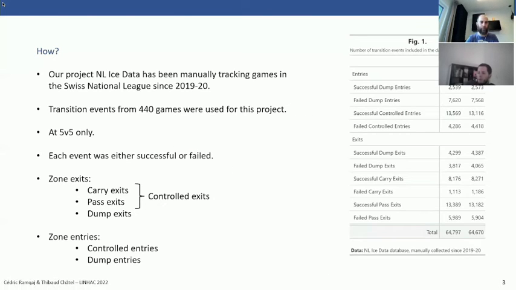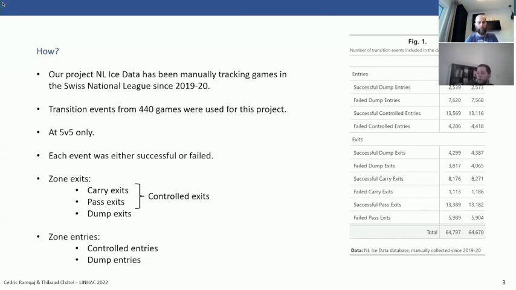So, as Thibaud said before, in the last 3 seasons we tracked more than 400 games in the National League, and we used those transition events for this project. We only use 5-on-5 data, and all the events were classified as either successful or failed.